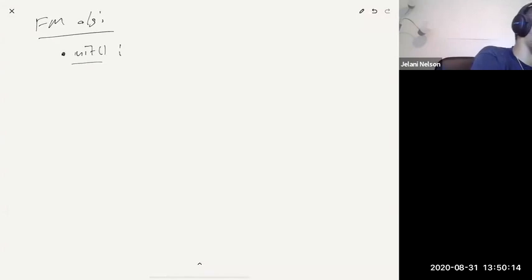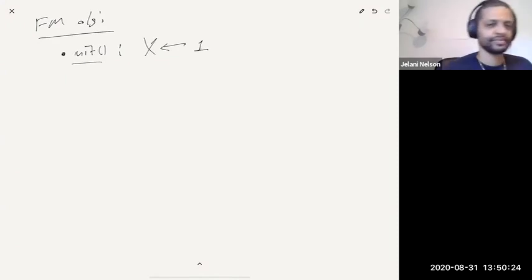Okay, so what's this FM algorithm? When you initialize at the beginning of the stream, I'm going to allocate one counter x, and I'm going to set it to 1.